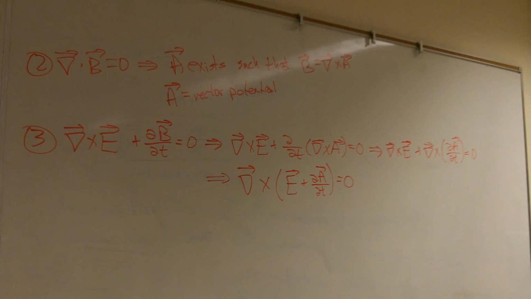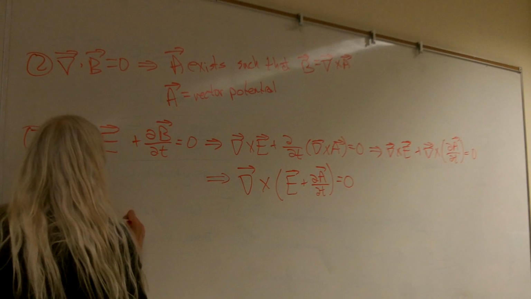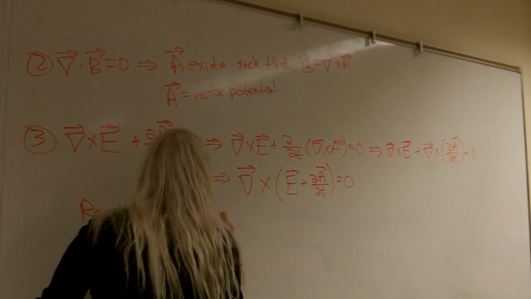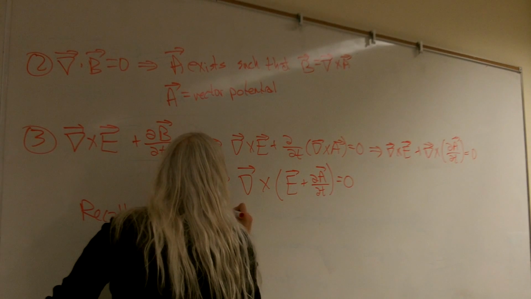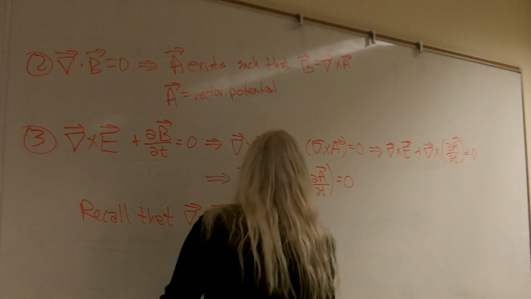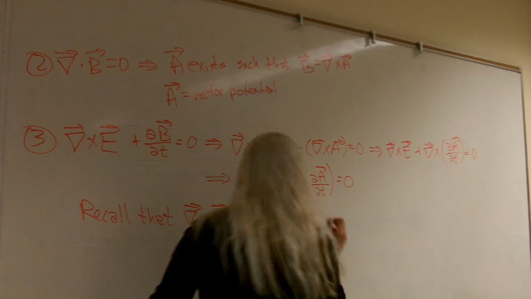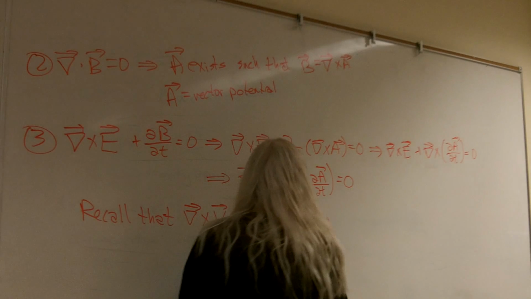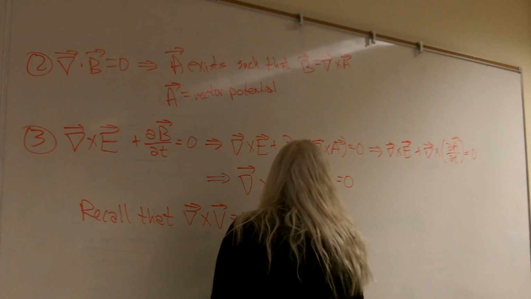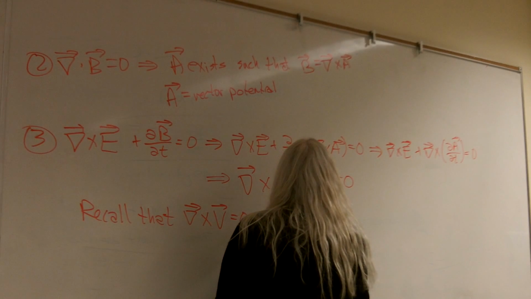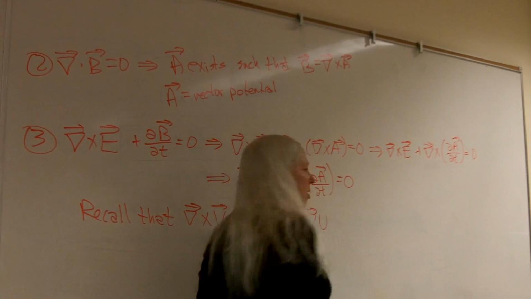Another thing we talked about: remember that if we have any vector field whose curl is 0, that vector field can be written as the gradient, or minus the gradient, of some scalar potential U.